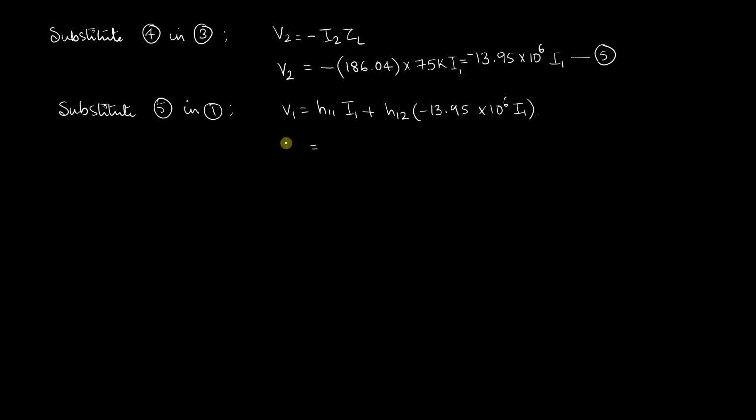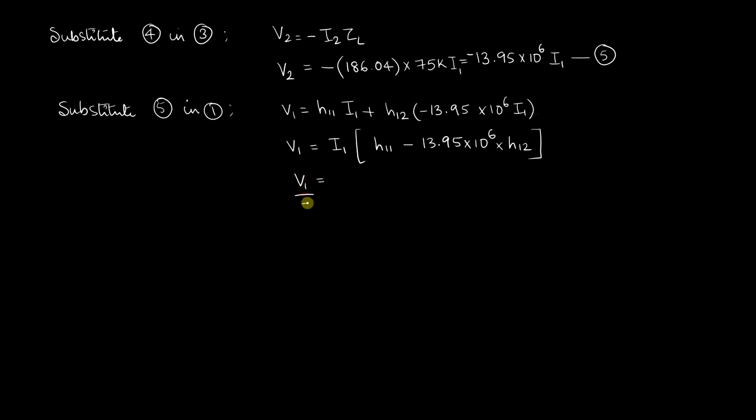This is also in terms of I1, this is also in terms of I1. So let me take the I1 common here. This will be H11 minus of 13.95 into 10 to the power 6 into H12. So substitute this value here and you can bring the I1 to the denominator.